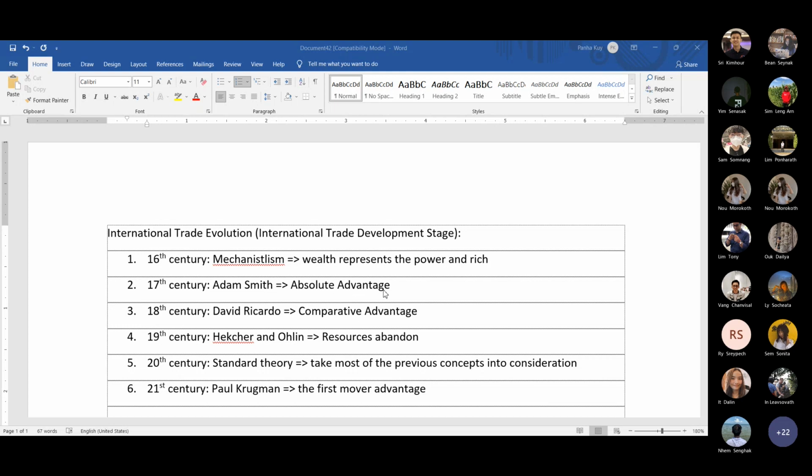Absolute advantage here means that Adam Smith introduced that if one party can produce better than the other in one good, and the other can produce better than you in the other good, you just need to reallocate your resources, producing the product that you are really good at.